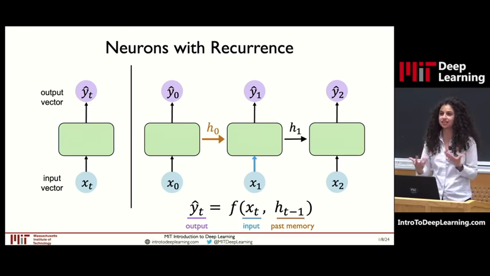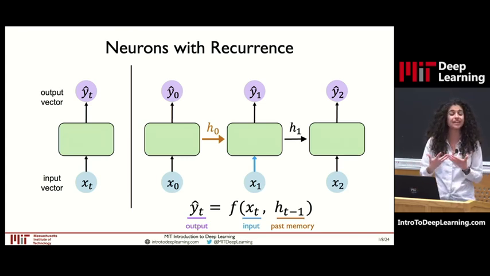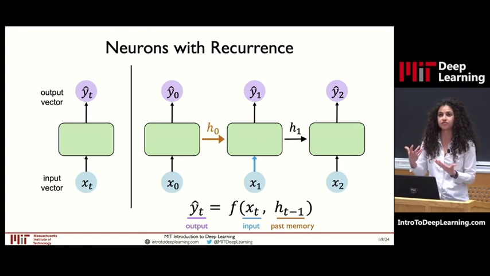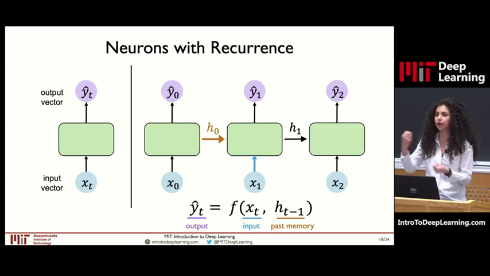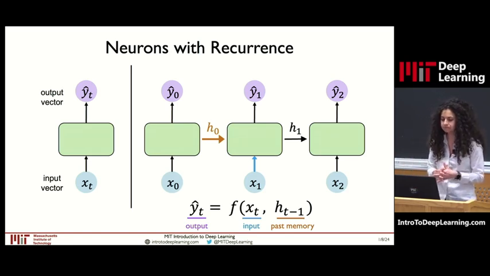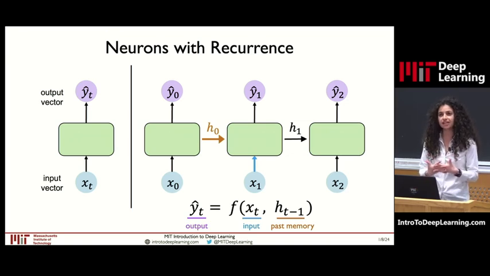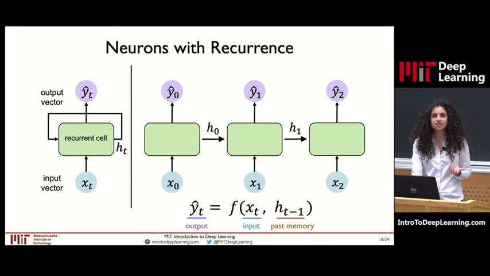Again, this is an abstraction that we can capture in the neural network, this notion of state, capturing something about the sequence, and we're iteratively updating it as we make observations in this sequence data. And so this idea of passing the state forwards through time is the basis of what we call a recurrent cell, or neurons with recurrence.